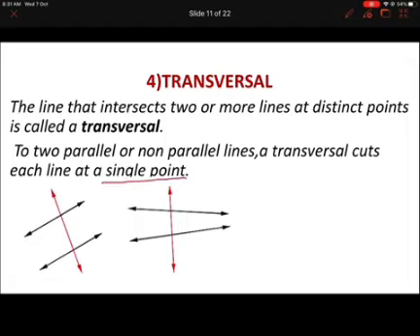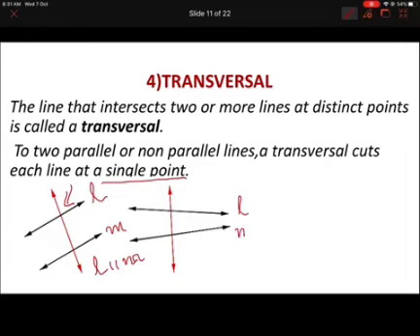Okay. Now, can you see which are the lines and which is the transversal? If you name them L and M, L is parallel to M, children, and this is the transversal.